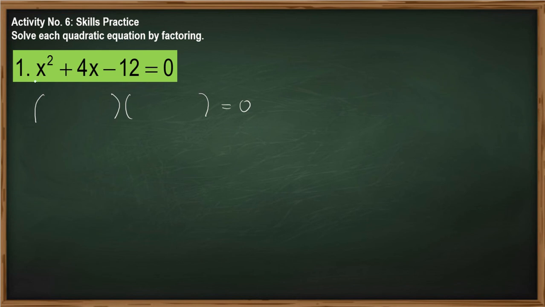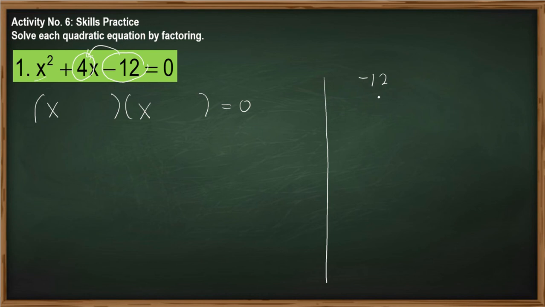Let's start with x squared. Ano ang factors ng x squared? So we have x times x. Ano ngayon ang factors ng negative 12 na kapag i-add natin ang factors na ito equals positive 4? So let's have our working area. Negative 12, positive 4, mag-isip tayo.